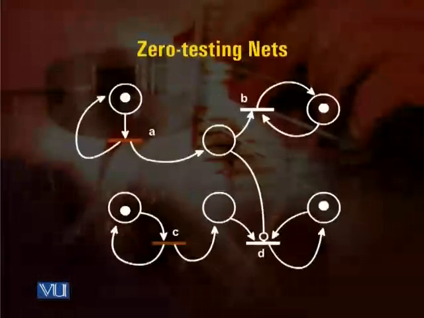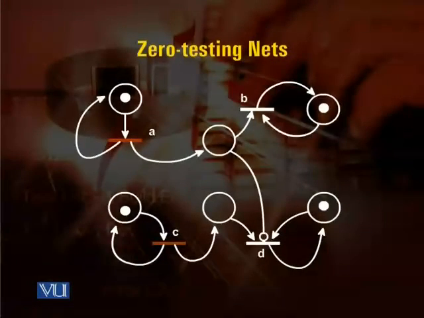Let me show you an example of a zero test petri net. In this petri net, we have transitions A, B, C, and D. In transition D, we have an arc coming from the place at the top into the transition, with a small circle on it.